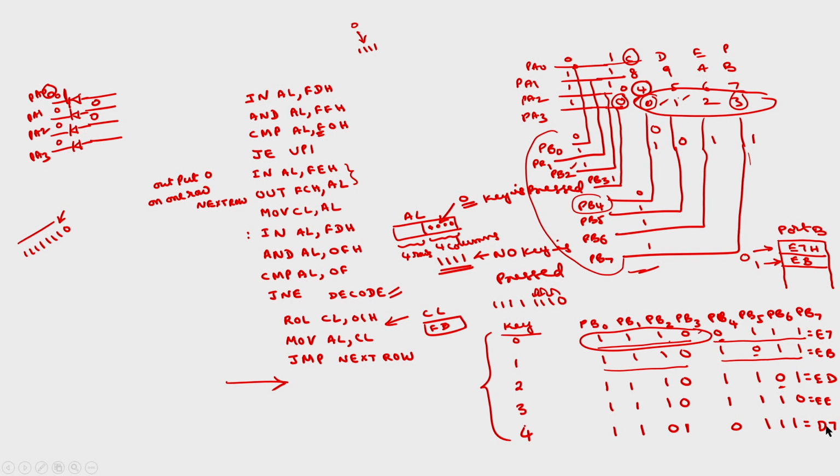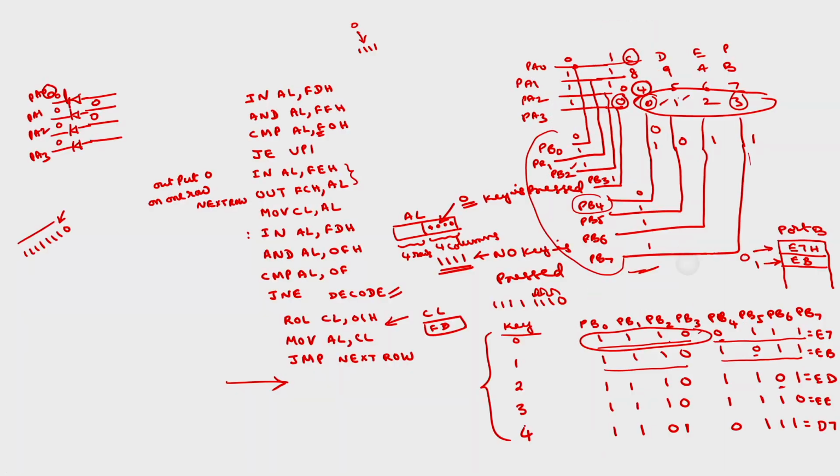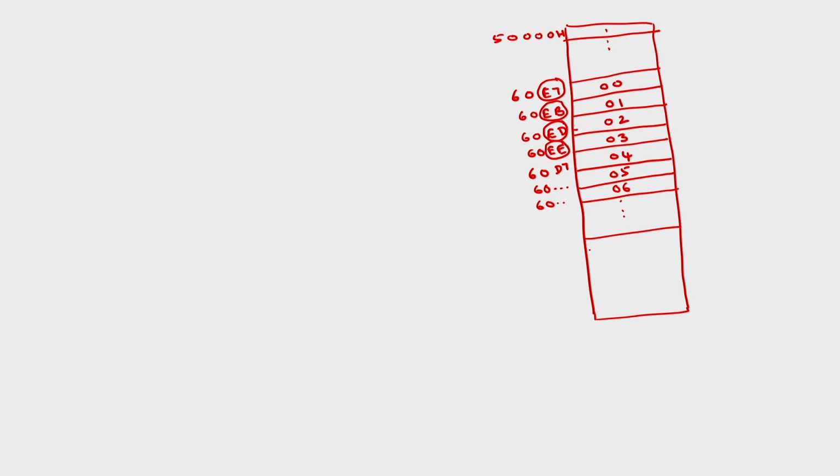So I have to store D7 here, at the location D7 I am going to store 4. Similarly 60, this will be the code corresponding to 5. We can obtain this in a similar manner. This will be the code corresponding to 6. So on up to the code corresponding to F, 0F.